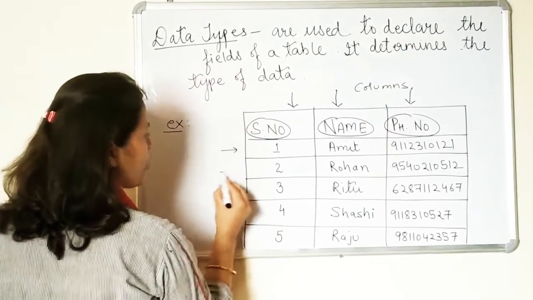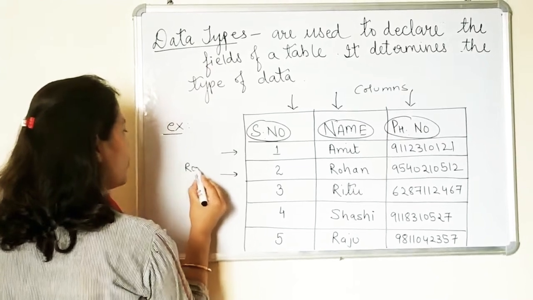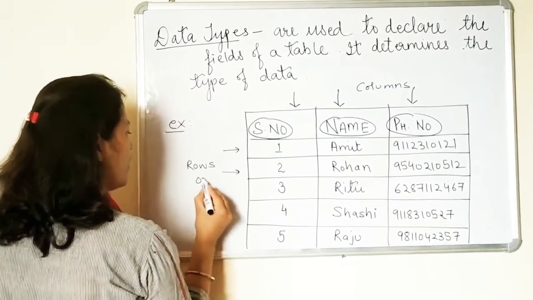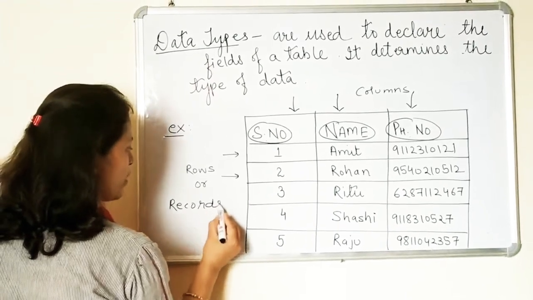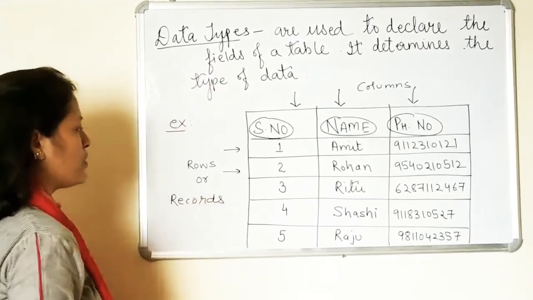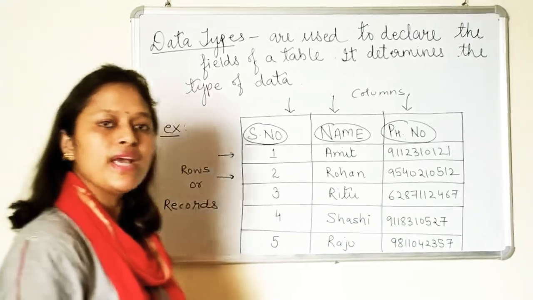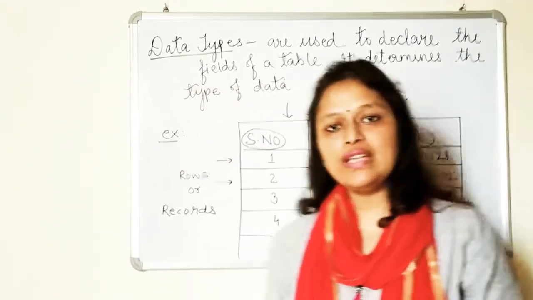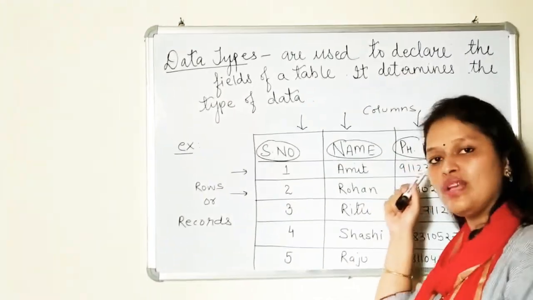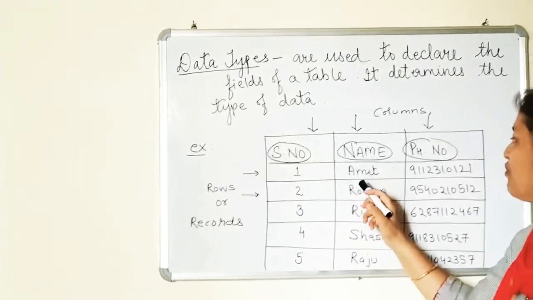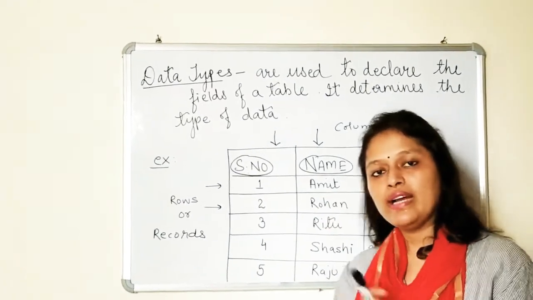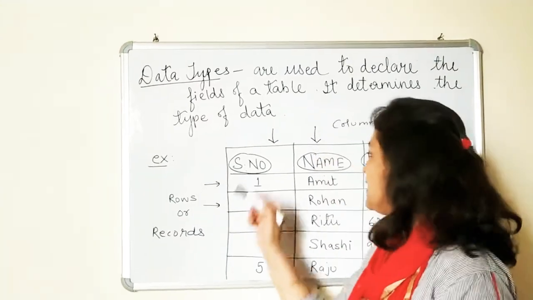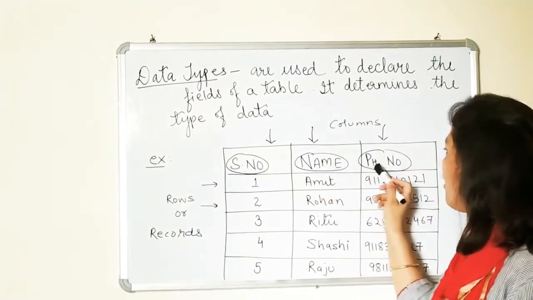Now these are rows or records. Rows can be termed as record. A record is a collection of all the fields. Like you can see, the first record is of Amit. This record contains all the fields: serial number, name and phone number.